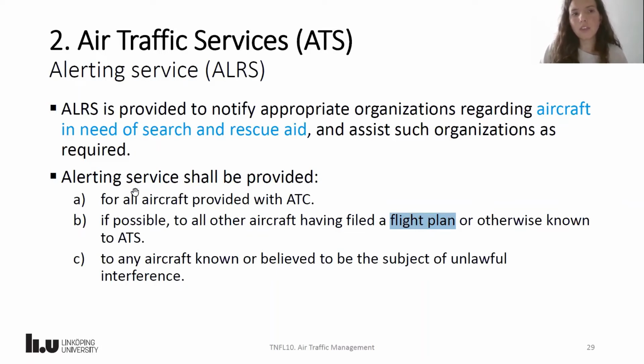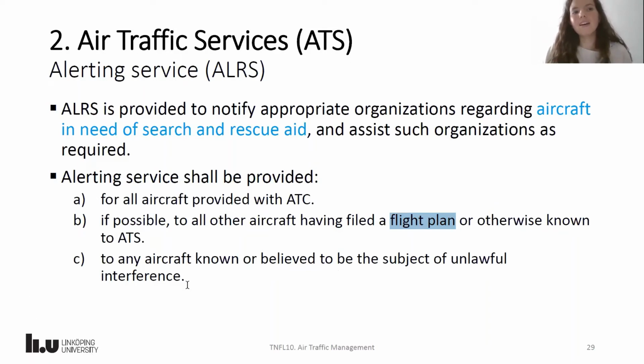So if the ATS know that an aircraft is flying with a filed flight plan, even though it's not provided with air traffic control, this aircraft will be a potential subject of alerting service, and also any aircraft known or believed to be subject to unlawful interference, like a terrorist attack or something like that.